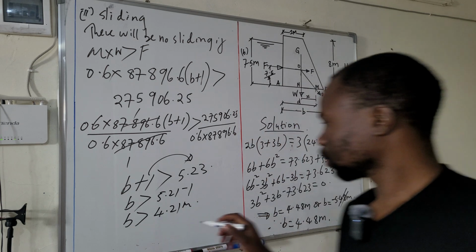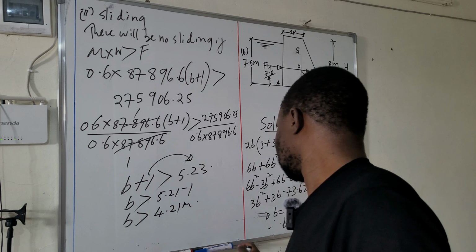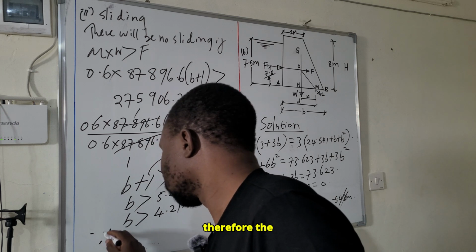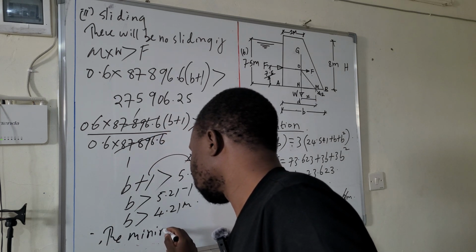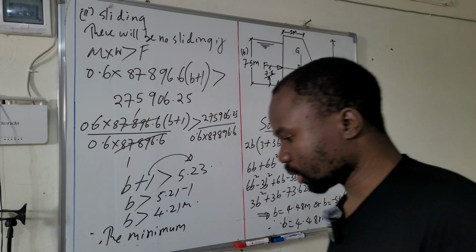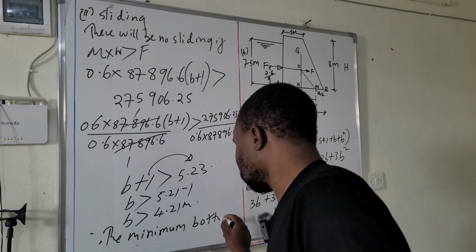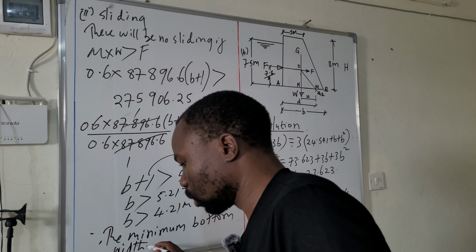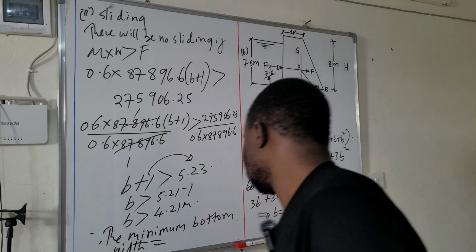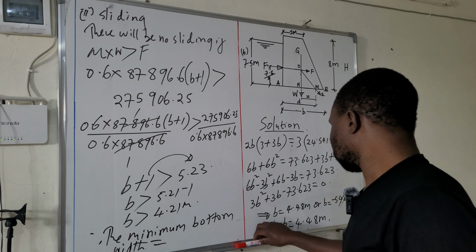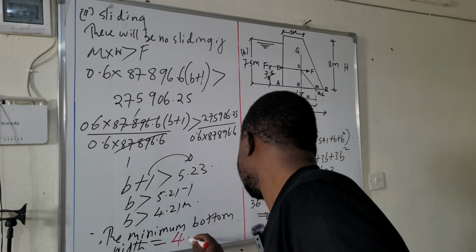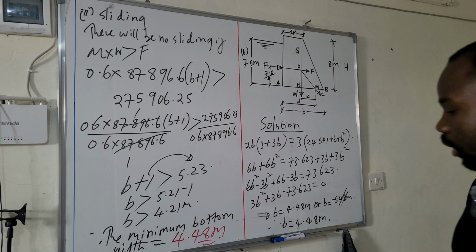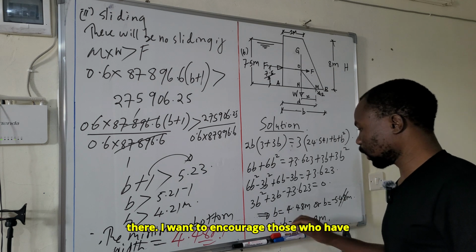So therefore, the minimum bottom width is equal to 4.48 meters, and the question ends there.